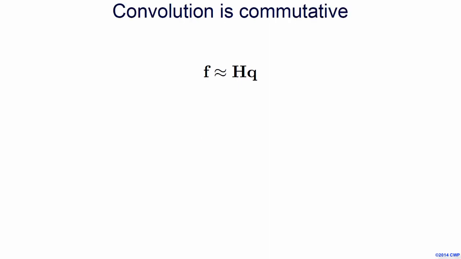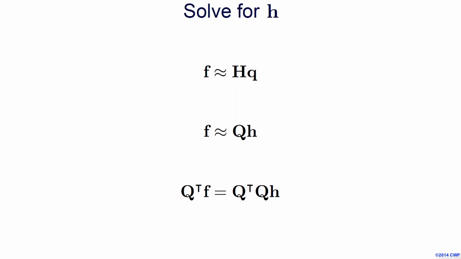Now, because convolution is commutative, we can switch H and Q as shown, and then construct the corresponding normal equations to solve for our wavelet H, because we have as many equations as samples in our PP image. Now, the matrix Q transpose times Q is a Toeplitz matrix, meaning that we can use a fast Toeplitz solver to solve for H.